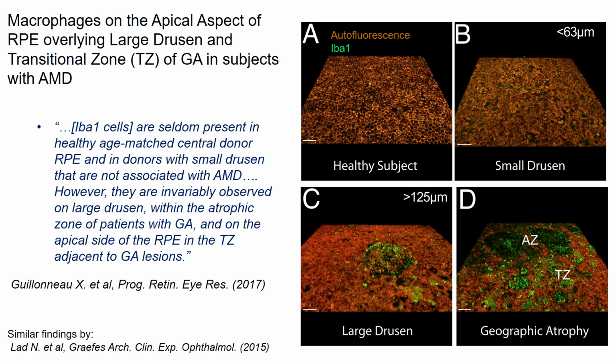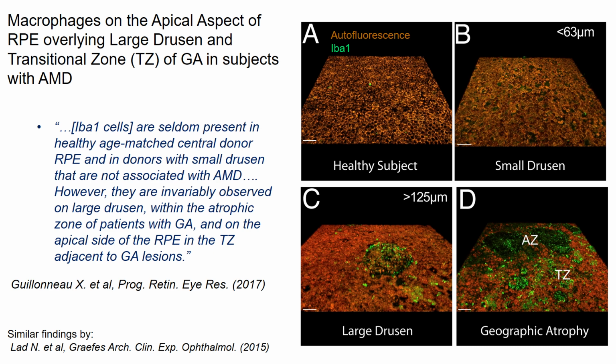Several studies later validated those early findings with larger cohorts of post-mortem human eyes with AMD, including Ladd et al. in 2015, and some data shown in this review from 2017, specifically looking at the apical side of the RPE stained with IBA1 in conjunction with autofluorescence.